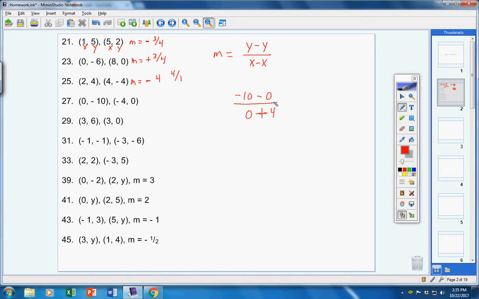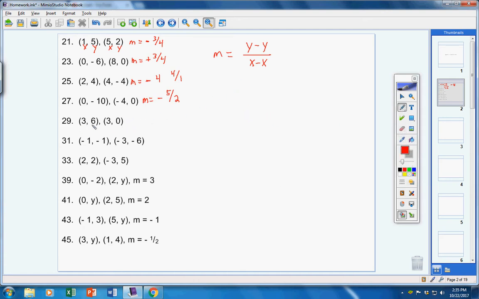Negative 10 minus 0 is negative 10. 0 plus 4 is a positive 4. So the slope for these two ordered pairs would be a negative over a positive, which is negative, and 10 over 4 reduces to 5/2.